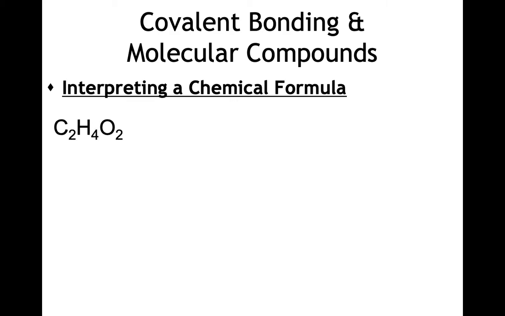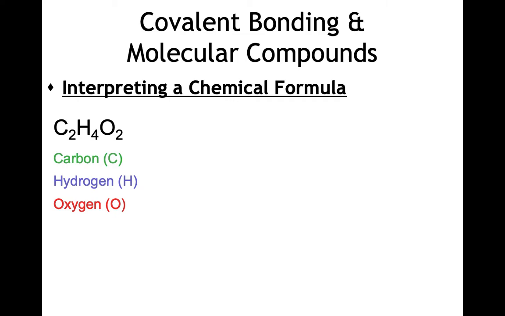So when we're going to interpret a chemical formula, we want to list first all of the atoms that are present within that compound. In this one, we have C for carbon, H is hydrogen, and O is oxygen. We're going to refer to the subscripts next to that particular atom to determine the number of atoms within the compound itself.